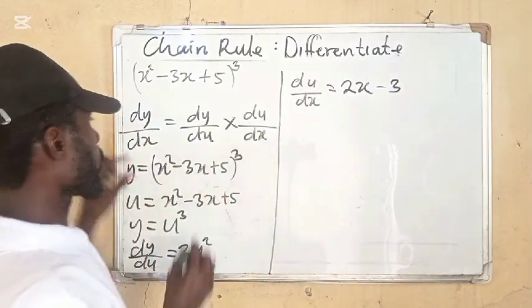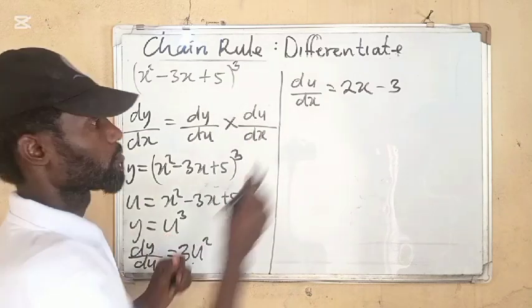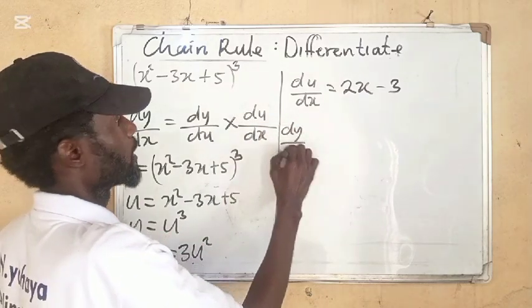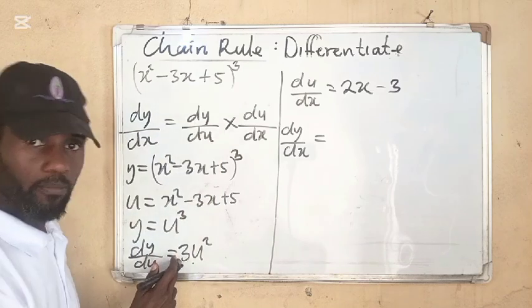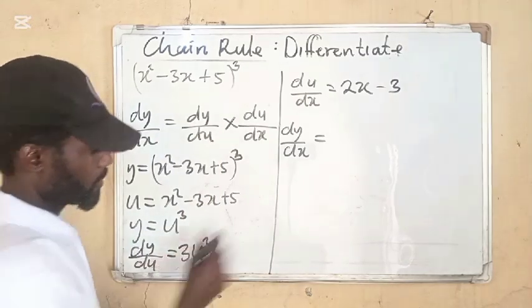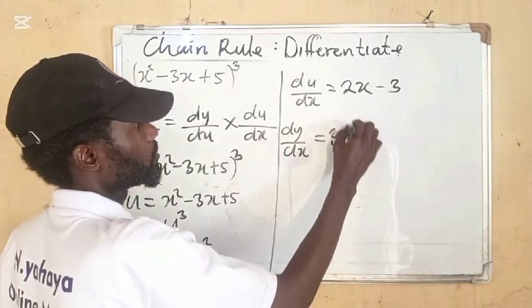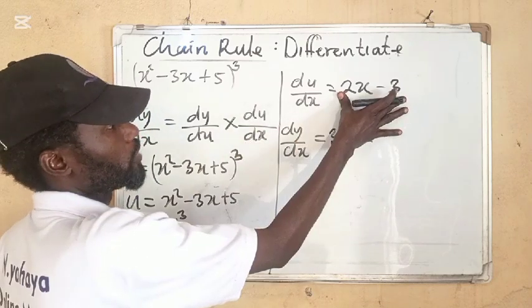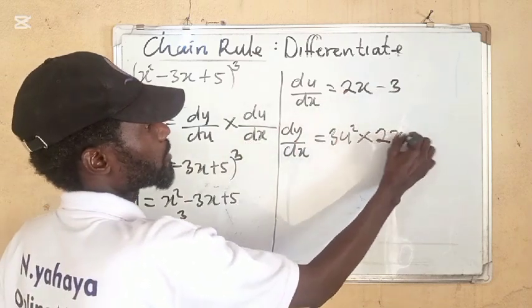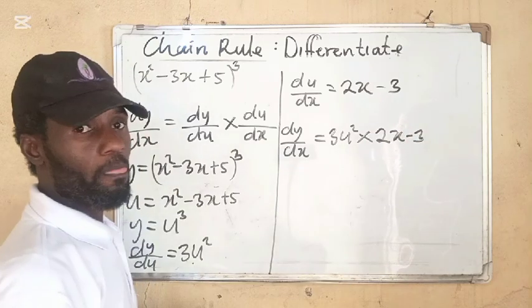The next thing is to plug it into this formula. So dy/dx is equal to our dy/du, which is 3u squared, times it by du/dx. This is our du/dx: 2x minus 3.